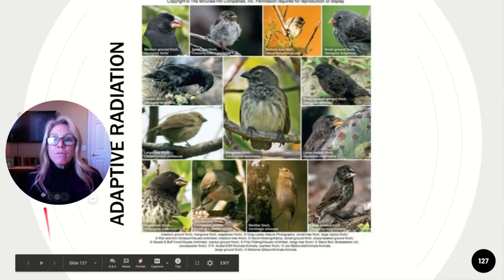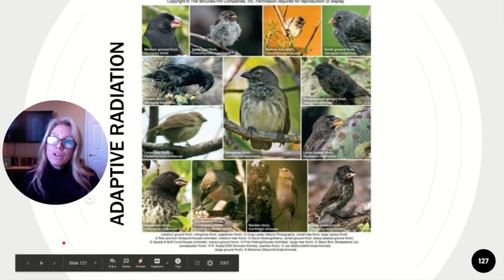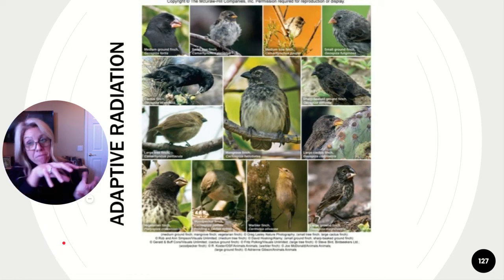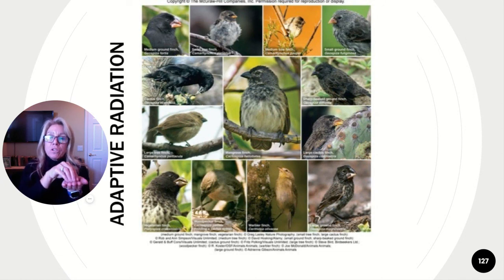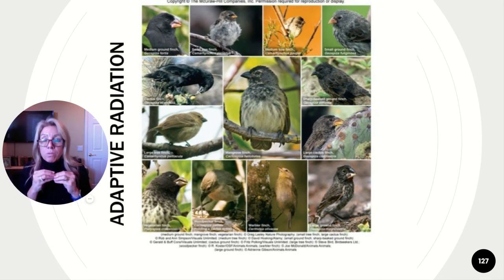Okay, another form of speciation is what's called adaptive radiation. This is very common if you've heard of Darwin's finches, where there is maybe a founder effect like what we talked about earlier. So you have your initial species in an area, and then they're radiating out to explore every type of niche to reduce the amount of competition. So maybe some of the birds eat new leaves, some eat older leaves, some eat larger seeds, some eat smaller seeds.